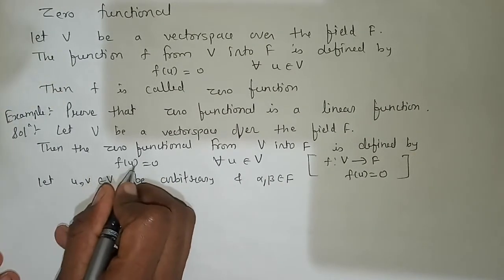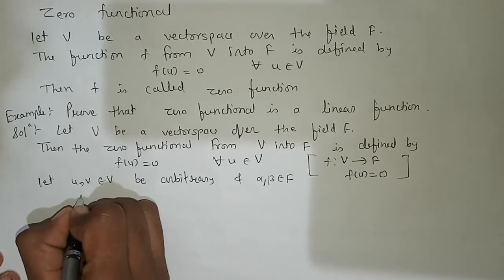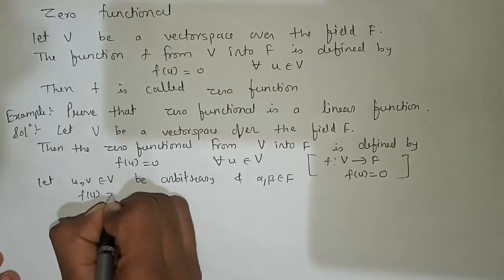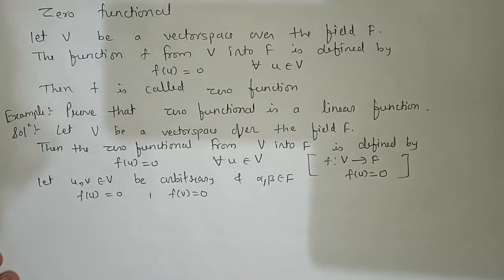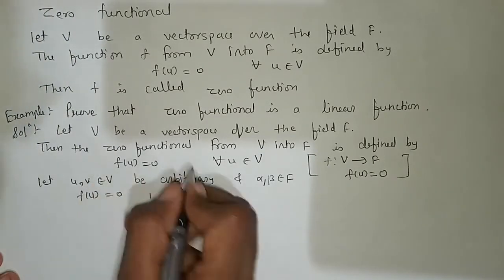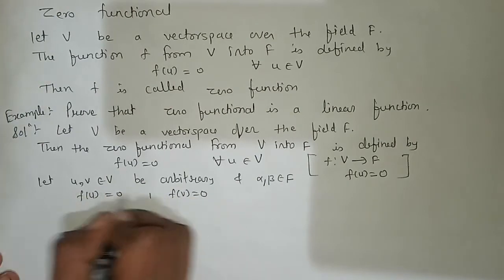So if u belongs to this V, then f of u is equal to 0, and similarly f of v is equal to 0 by the definition of the zero functional. So these two elements are 0.